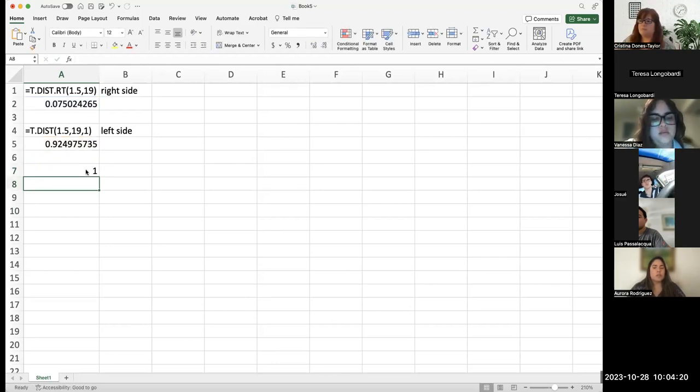Okay, next one. So, Professor, I have a question. In terms of the last test, for this type of exercise, can we just copy and paste a screenshot of this from Excel, or do you want us to do it manually?